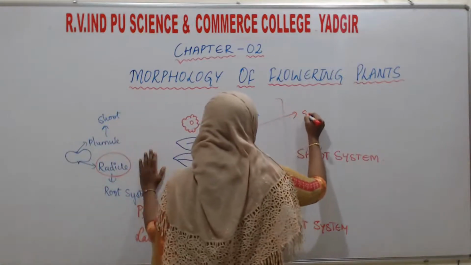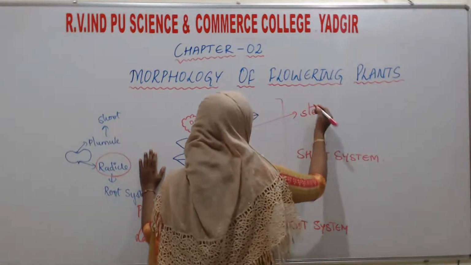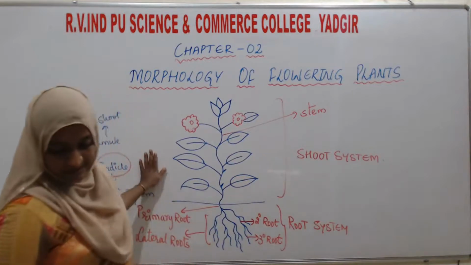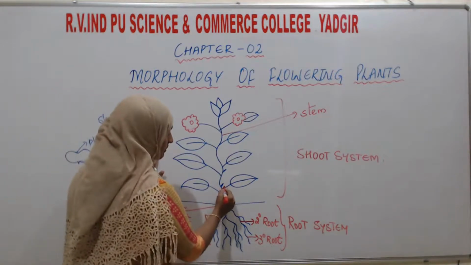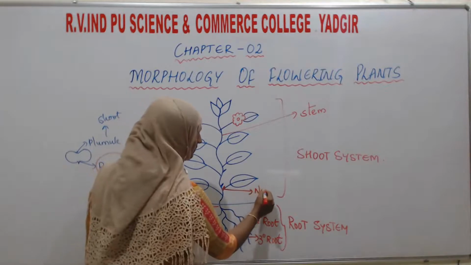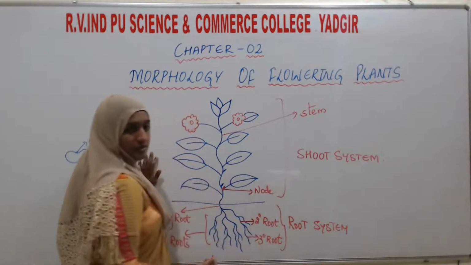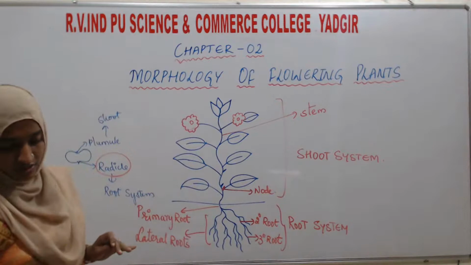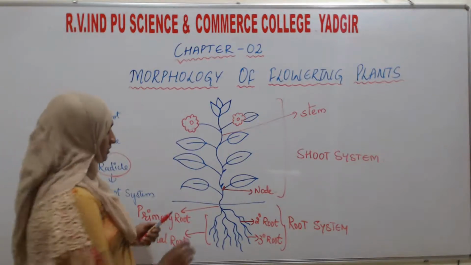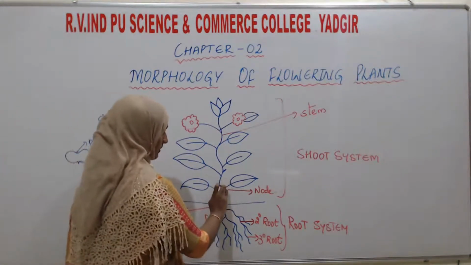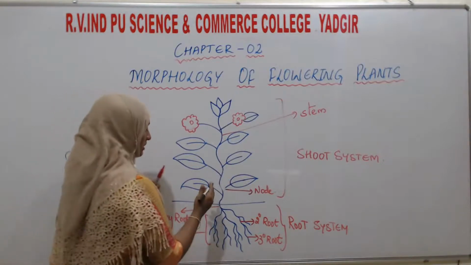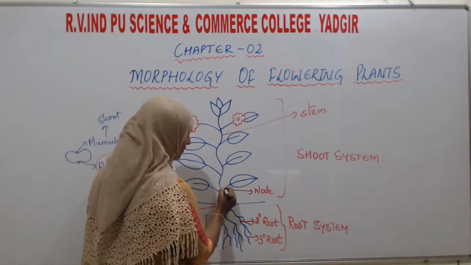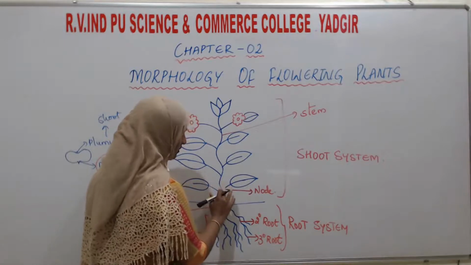This is the stem. On this stem there is a presence of certain nodes. These are the nodes. Okay, whatever the space in between the nodes, this is the node.